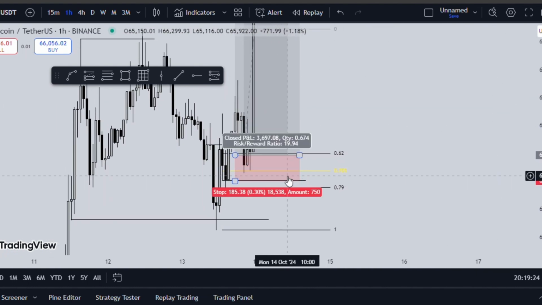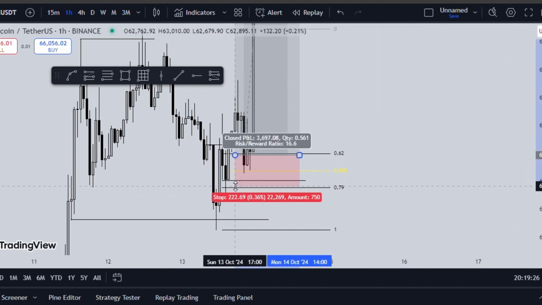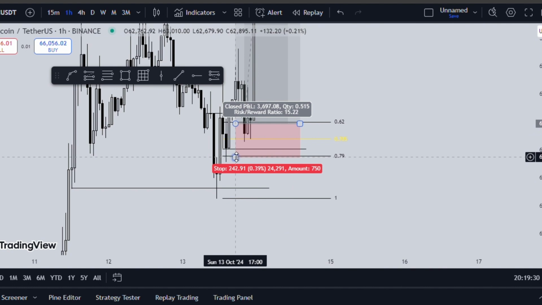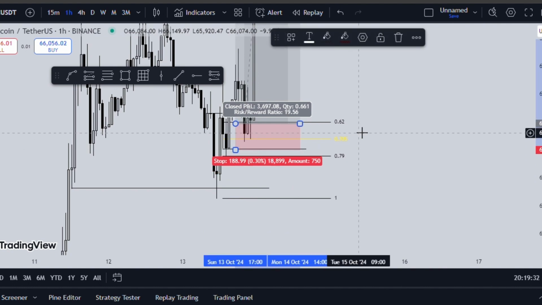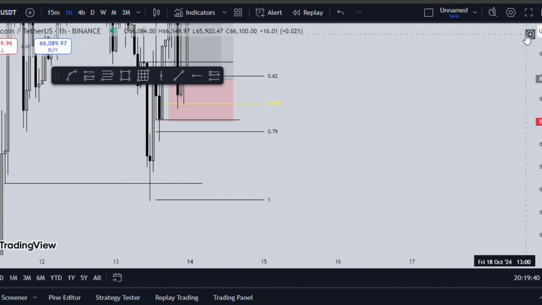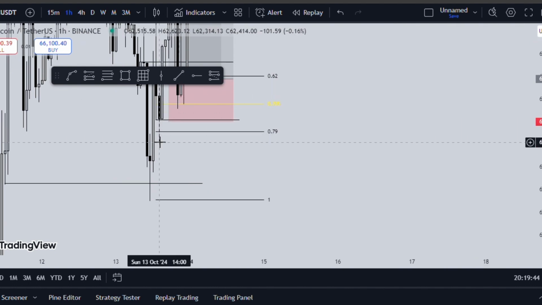Actually, I placed my stop loss here, right? I did not place it there. I placed it below this. Okay, let me show you why. So there was an FVG created here. There was an FVG over here. Then price came back to tap and fill that FVG.